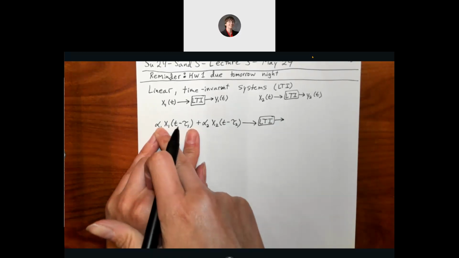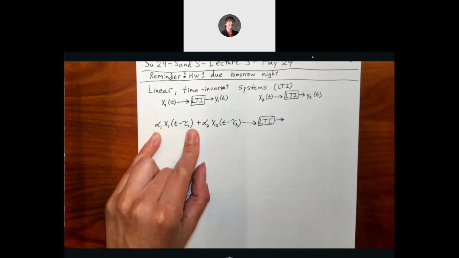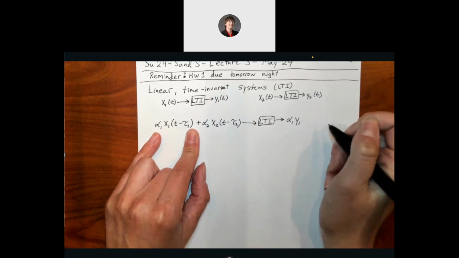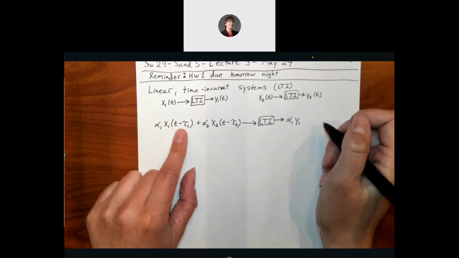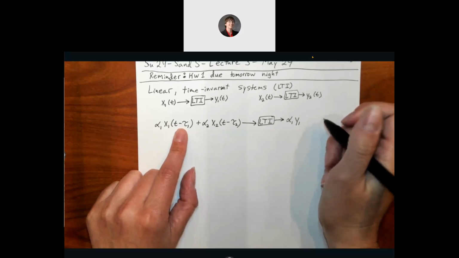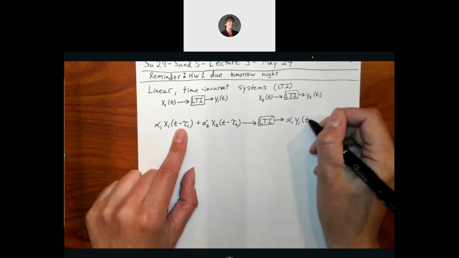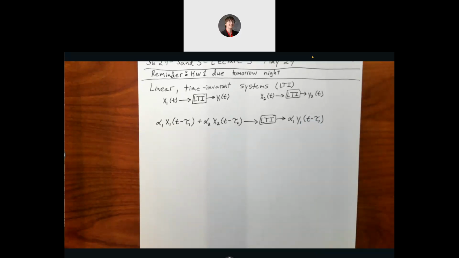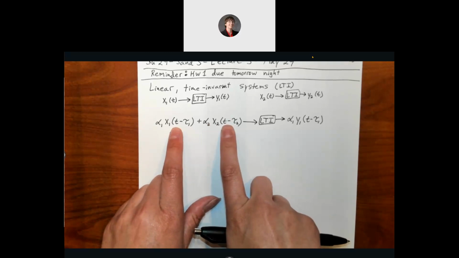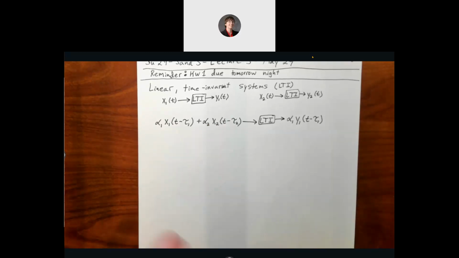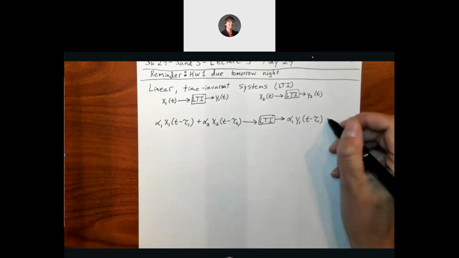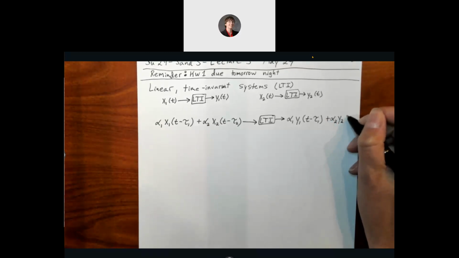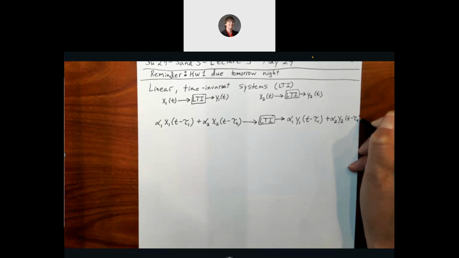If I scale this, then due to linearity, I'm going to get a scaled version of the output. Time invariance tells me that if I time shift the input, I get the same time shift in the output. Linearity also tells me that if I combine two signals, then the output is a combination of those individual outputs. So I can also scale and time shift the other output.